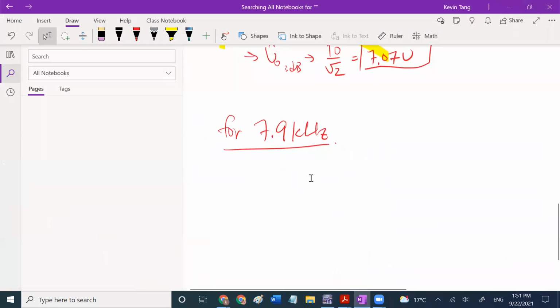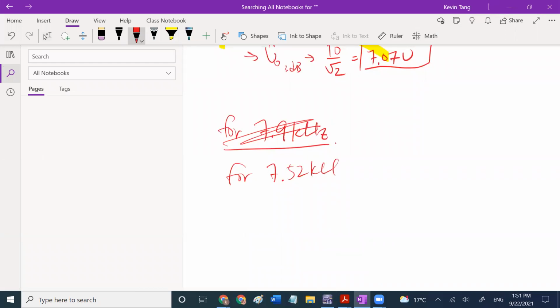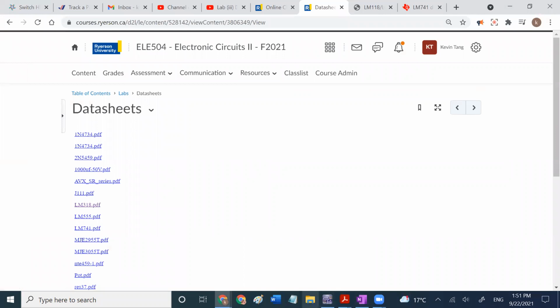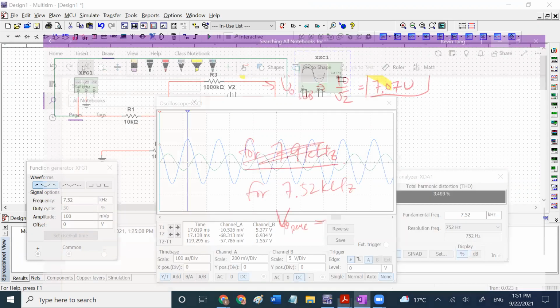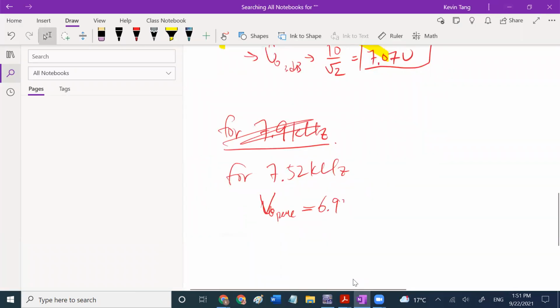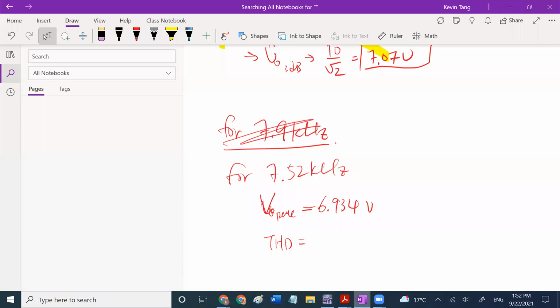For 7.52K hertz, let me write it quickly. My VO peak is 6.934 volt. My THD is 3.493.